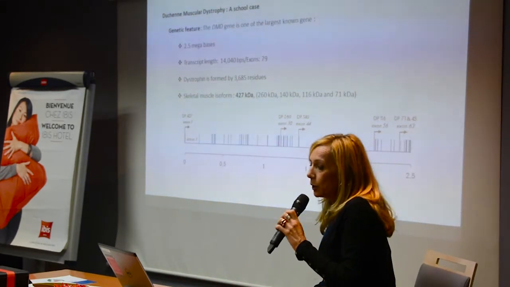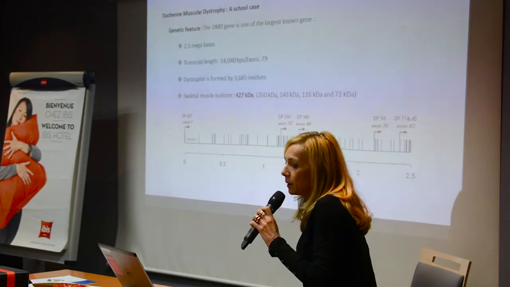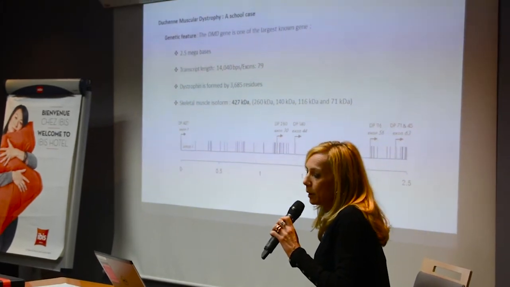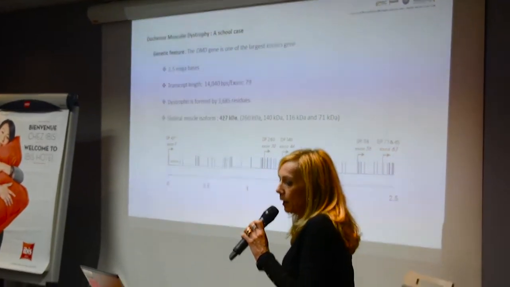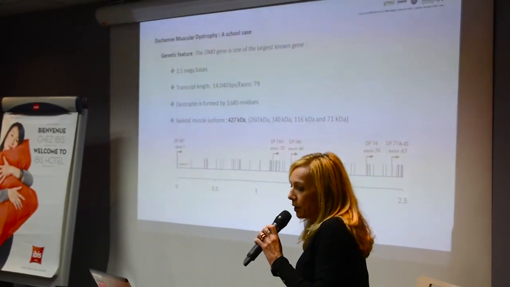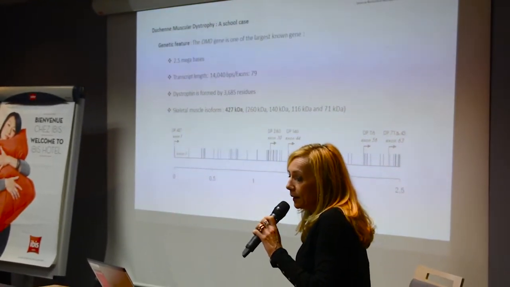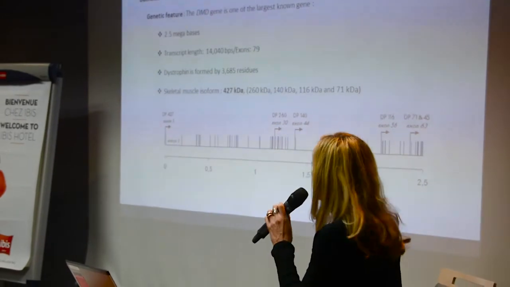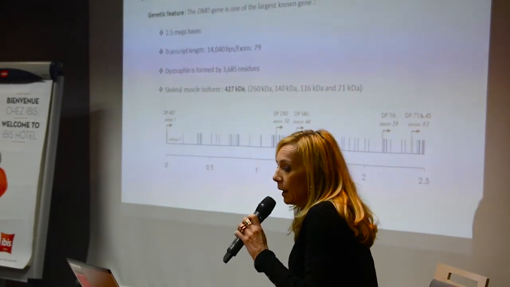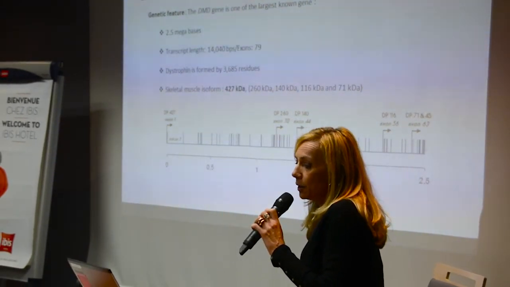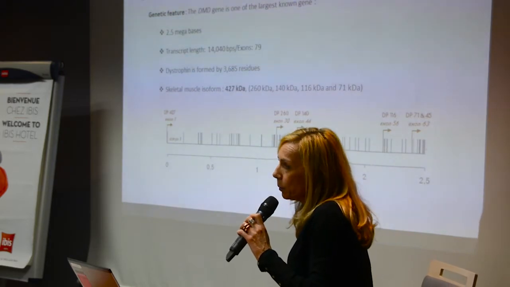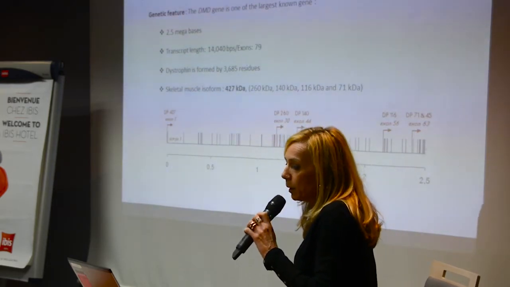So Duchenne muscular dystrophy is a school case mostly because of the genetic feature of this pathology. Indeed, the DMD gene is one of the largest known genes. It's a very, very large gene which is composed of 2.5 megabases.